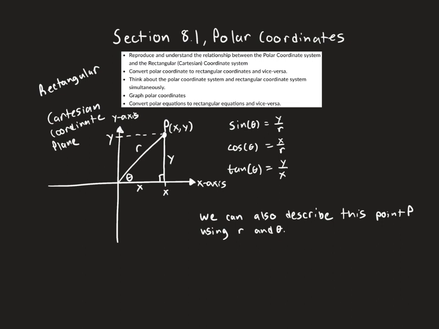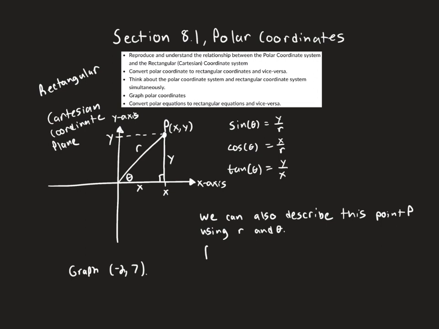And by locate, I mean, if I said, hey, graph (-2, 7), we would all graph the same point. We could all locate that point in the Cartesian coordinate plane, and we would all get to the exact same point. And what we can do here is we can actually use r and theta to also describe this point.